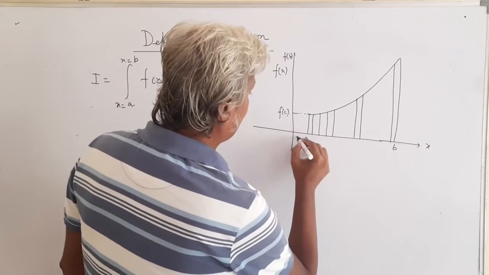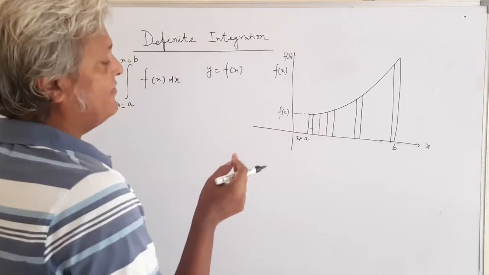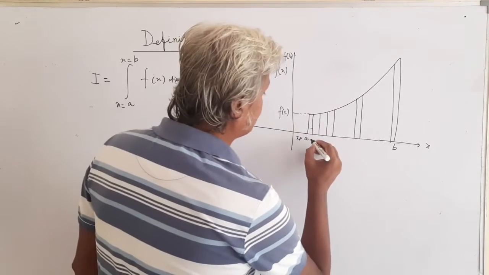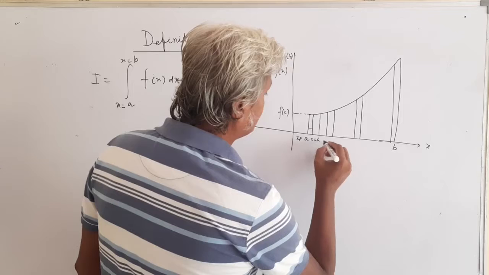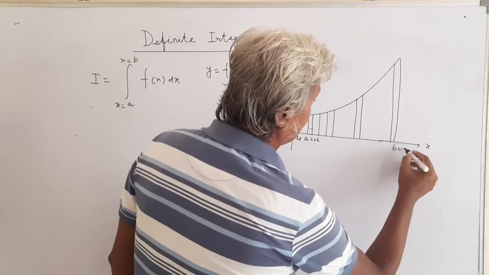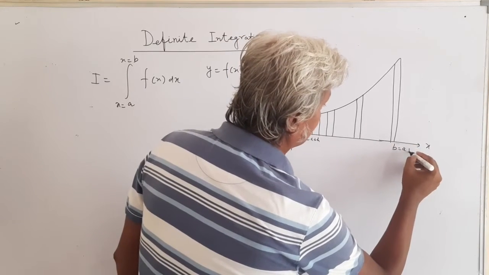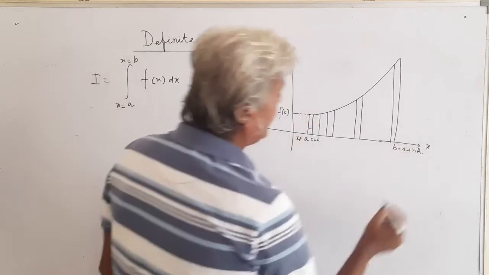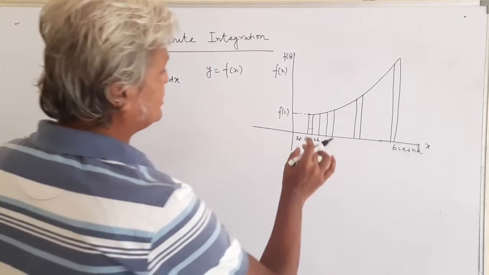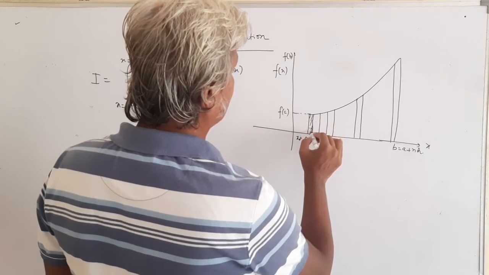This is your x naught, which is a. Now increment every time by a small value h. This is a plus h, this is a plus 2h, slowly this will become a plus nh.